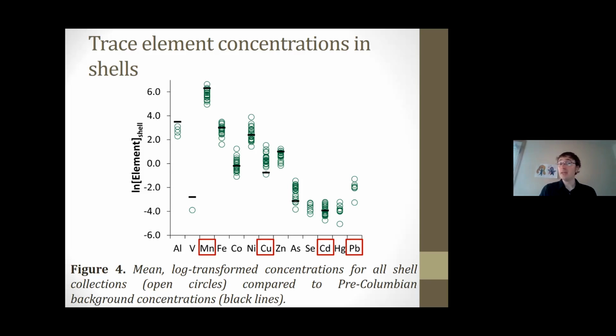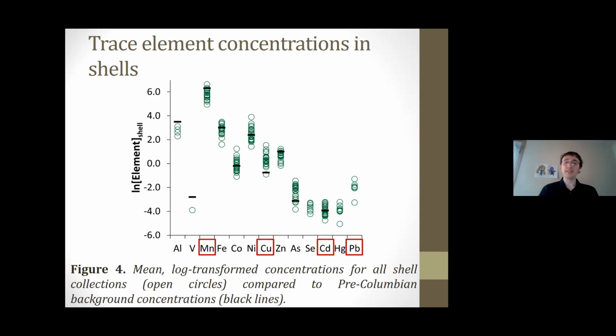You can see some elements I can't report a pre-Columbian background because I didn't get enough above detections. Some elements I could report a pre-Columbian background, but I can't report very many modern or historic collections because of below detections. And then we can start comparing them to this pre-Columbian background.